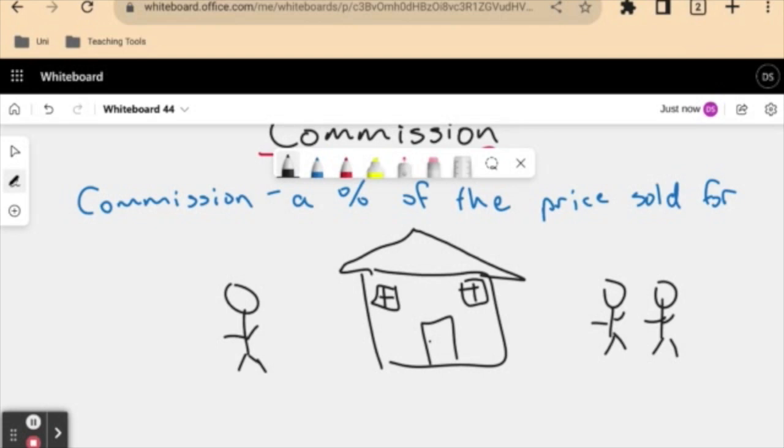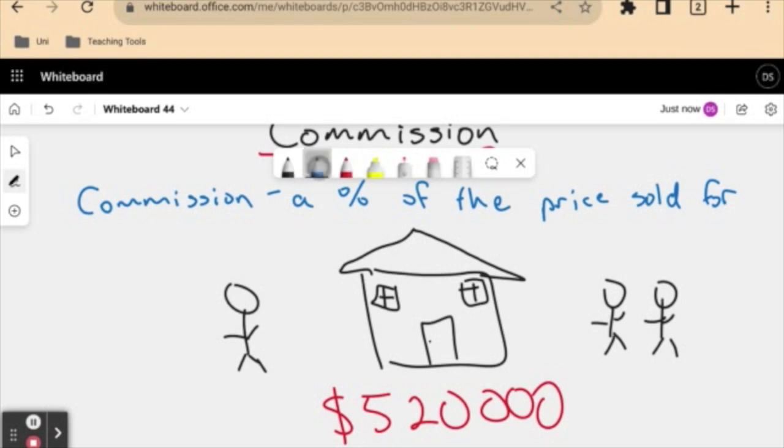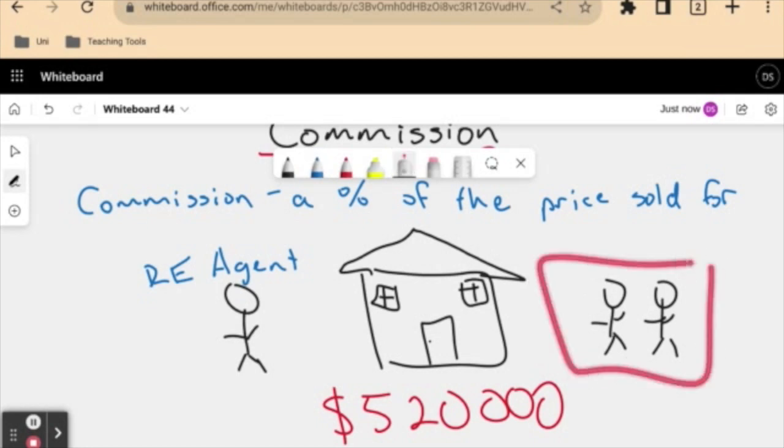But say that this house was sold for 520,000. And the person selling it, the real estate agent, who I'll actually label here, has sold this property to our couple over here.